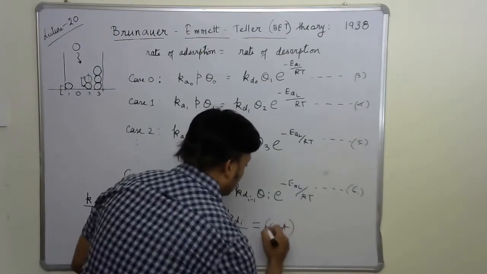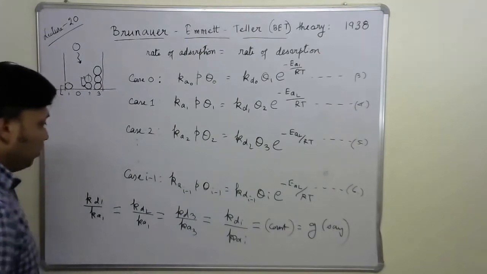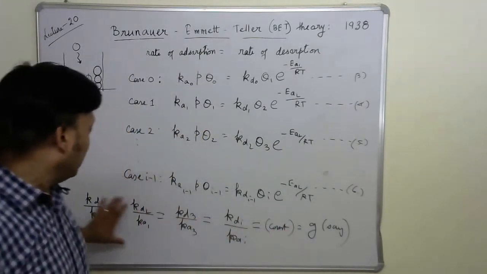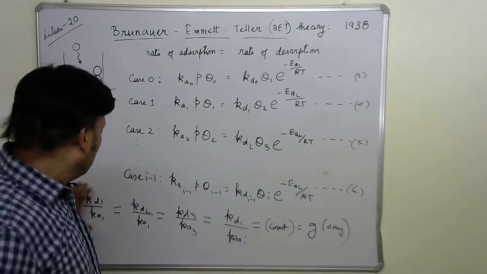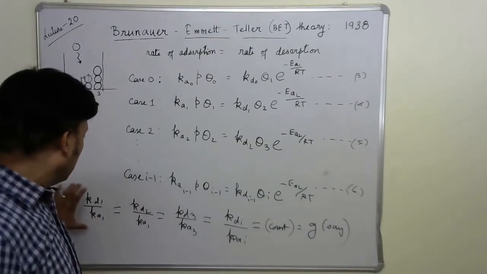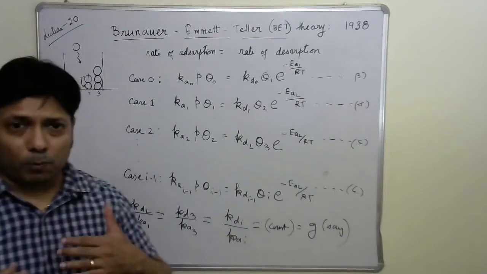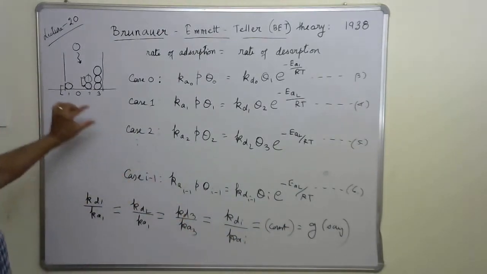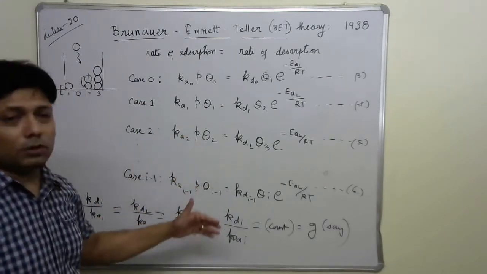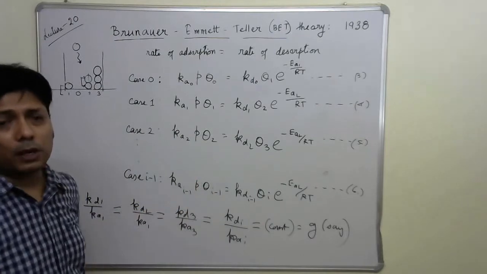So this ratio has been equated to a certain constant G, and equating these ratios to G is completely logical, because as I said, for the liquid layer the reverse of the equilibrium constant, or the equilibrium constant itself, would be identical.